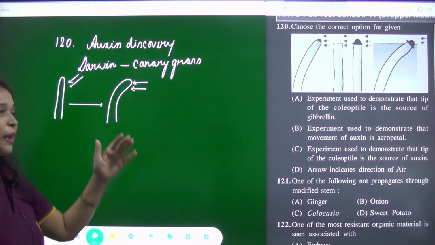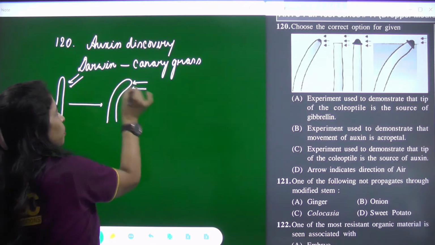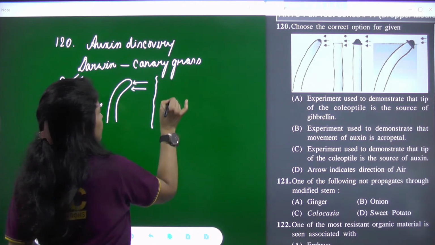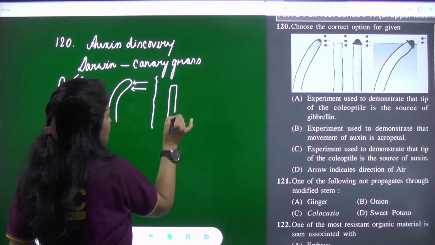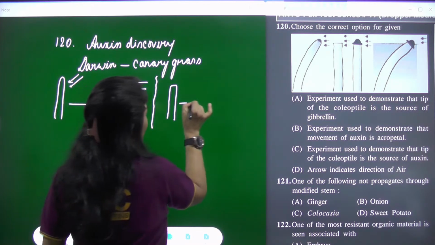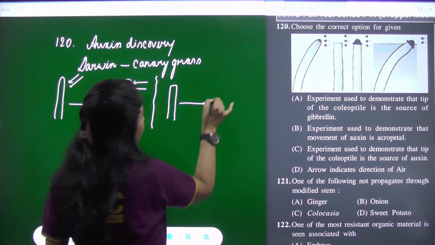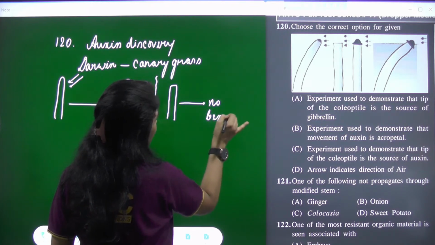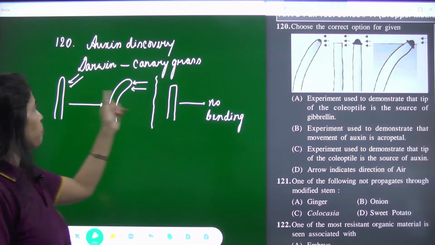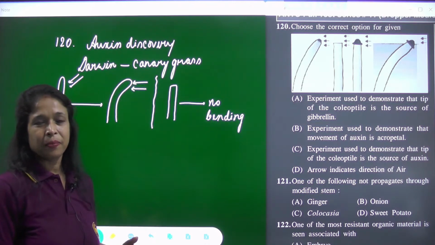In another set of experiments, the tip of the coleoptile was cut and again exposed to unilateral light. What did they find in that experimental setup? There was no bending or growth, no curvature, as the coleoptile tip of the canary grass was removed.